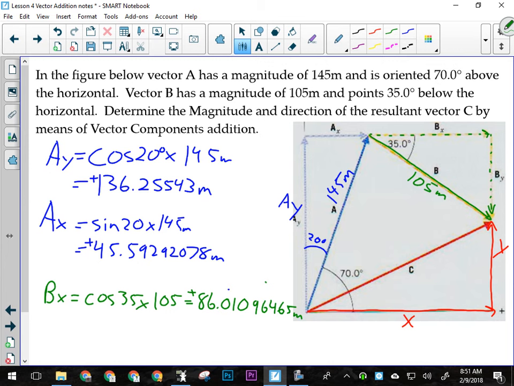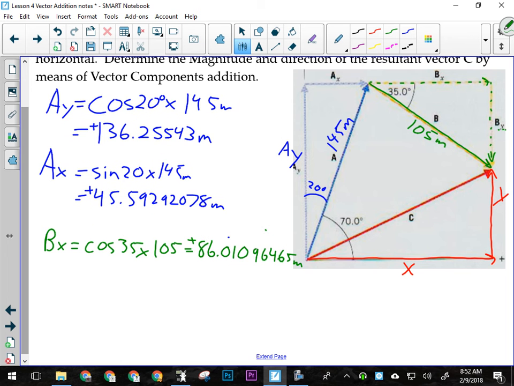Hey, everyone with me so far? Don't be afraid to ask questions as we go along here, guys. Now I have to find how far downwards vector B goes. So the y component of vector B, and it's the opposite side. So that'll be the sine of 35 times 105.